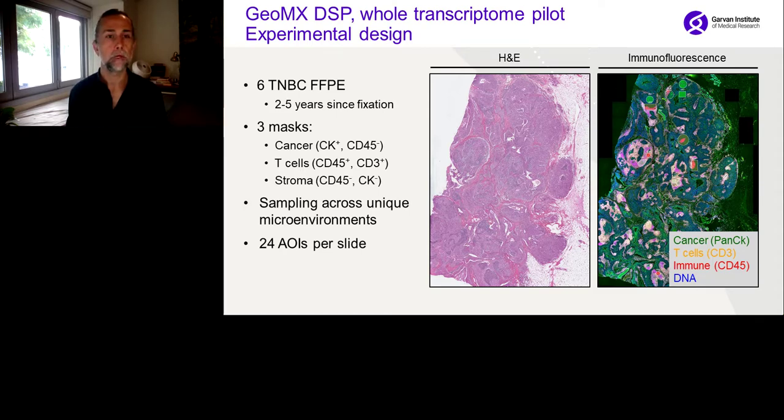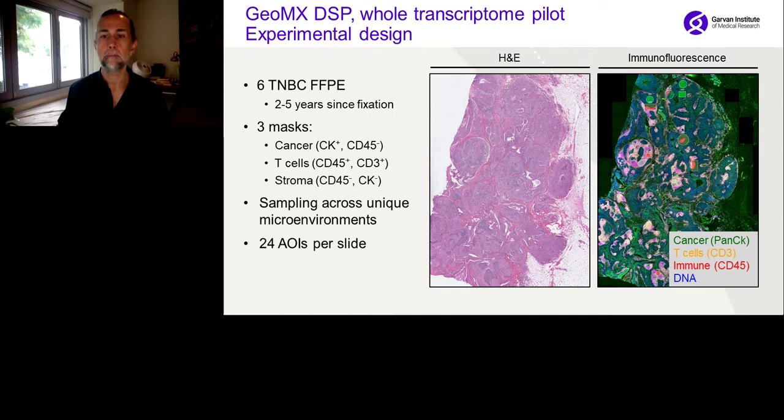And so this experiment has been a little bit interrupted by COVID-19, but so far we've managed to collect data from 6 cases. So these are triple-negative breast cancer FFPE blocks we've cut. These are between 2 and 5 years old. We've then masked them with 3 different masks to identify cancer cells, T cells, and stromal populations.